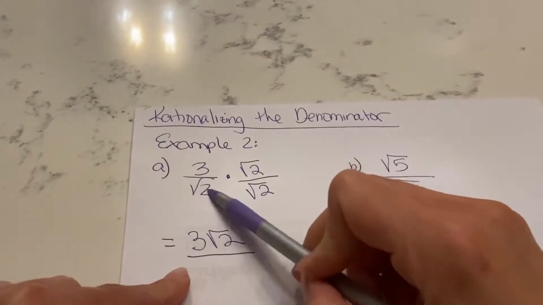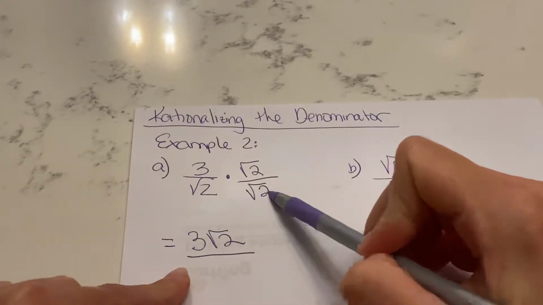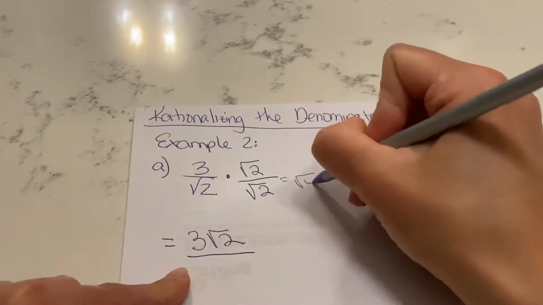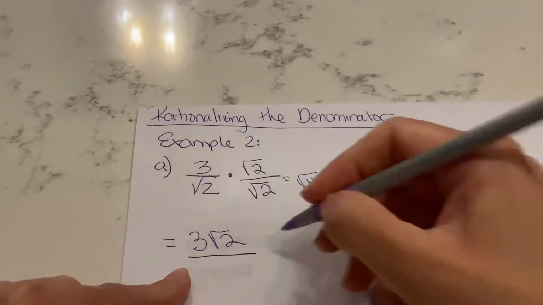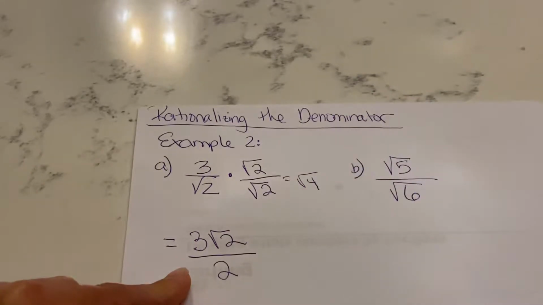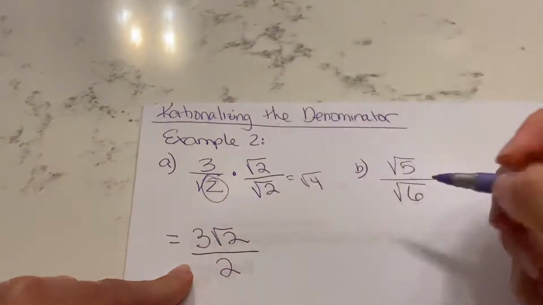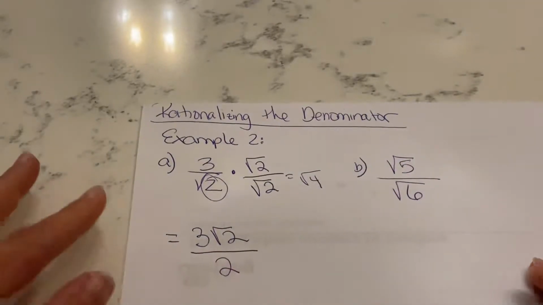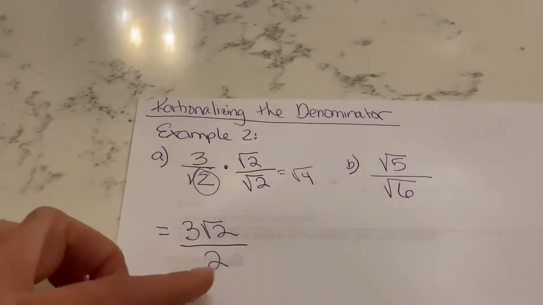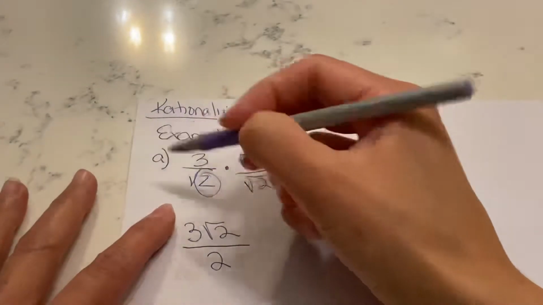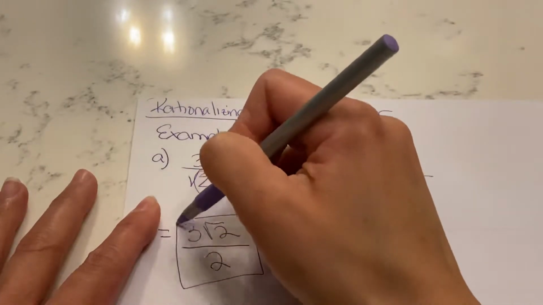Over the square root of 2 times square root of 2, what does that give you? Square root of 4, right? And what's the square root of 4? 2. So basically, look, when you're multiplying by itself, your answer would just be 2 because you're making it a perfect square of what number? 2, okay?